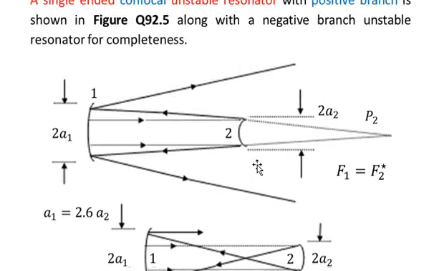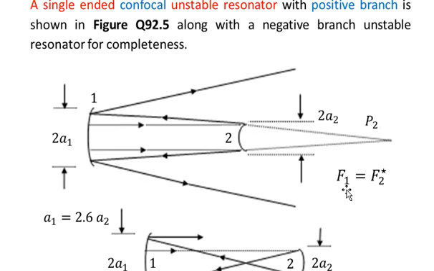And here you can also notice that the center of the radius of curvature, that is the focal point, for the mirror 1 and the mirror 2 are at the same location. For the mirror 1, it is referred to as f1, taken as positive, and for the mirror 2, it is referred to as f2 star.